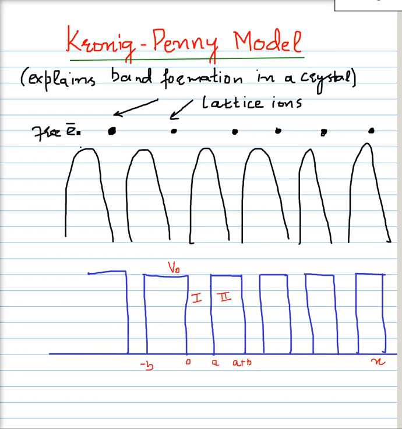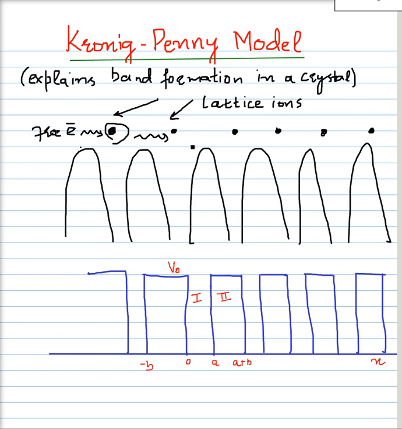Now this free electron, which has a very small mass compared to these ions or atoms, sees a potential barrier when it tries to move freely. So if an electron is moving, it sees a force created by this ion in its path. Then if its energy is greater than the potential offered by this atom, only then will it be able to overcome the potential and continue its motion forward.